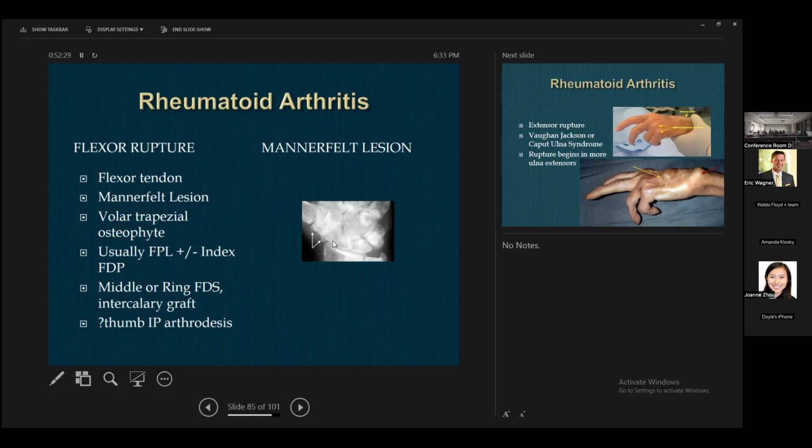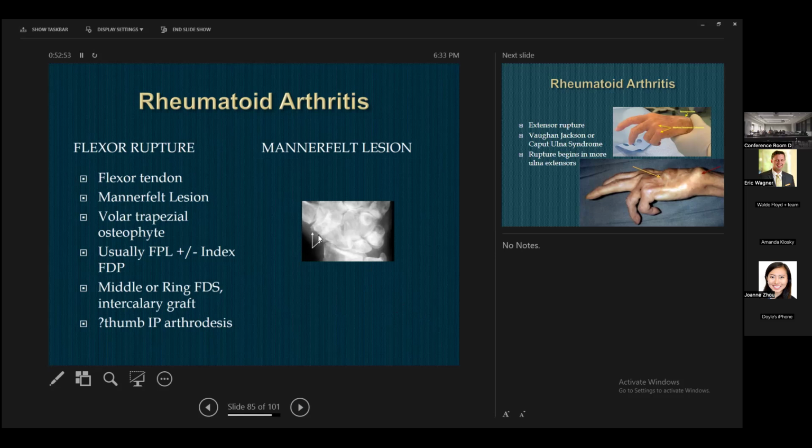It's STT arthritis that causes FPL rupture. Right, there you go.